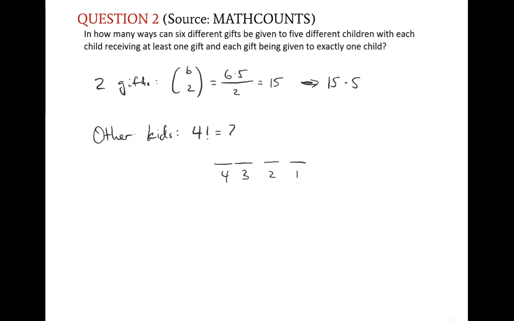So 4 factorial is 24, and now you multiply these together, and that gives us 15 times 5 times 24, that's 1,800.